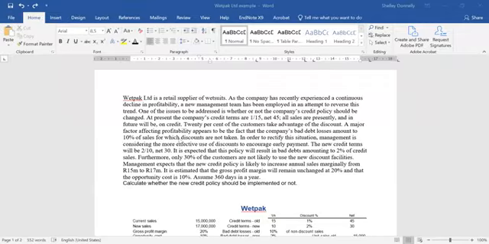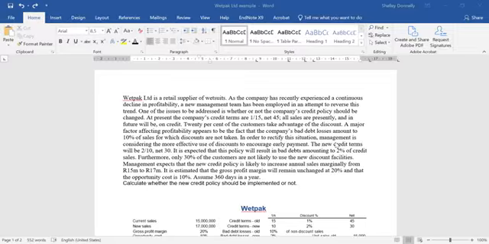That's 10% of the sales for which the discounts are not taken, obviously, because if a customer takes the discount, they're going to be paying you. But it's the 80% of the customers that don't take advantage of the discount, 10% of those become bad debts and are never recovered.